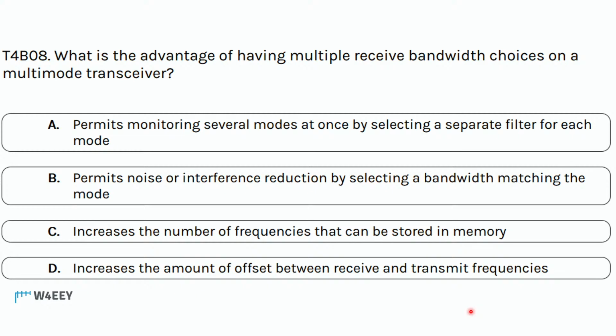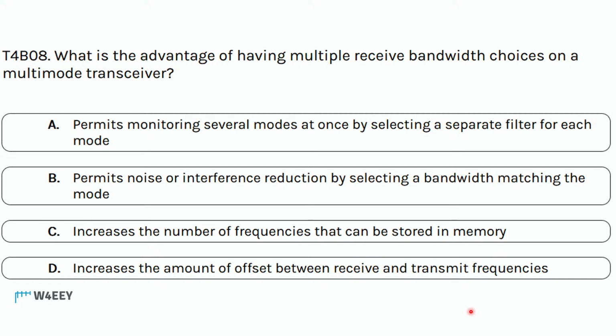What is the advantage of having multiple receive bandwidth choices on a multi-mode transceiver? A, alpha.